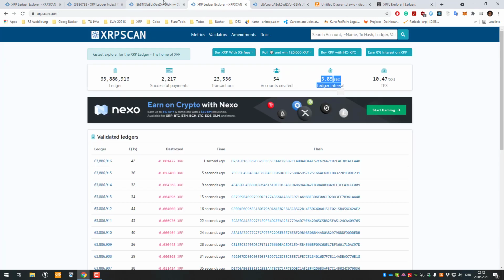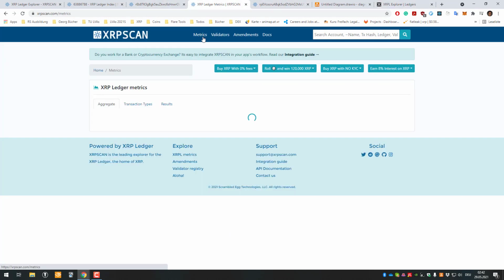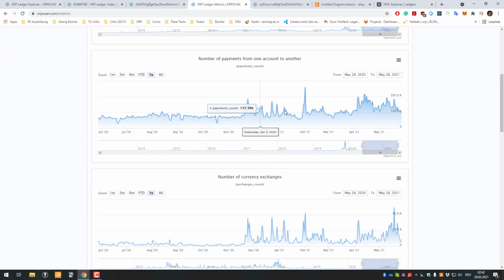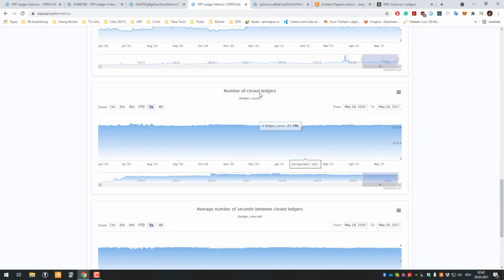Let's look a little more into it. There's also its own section called metrics. There you can just look at numbers. You can see how many closed ledgers there were. You can see here, for example, on average we're closing 22,000 ledgers a day. And this is quite easy to calculate.